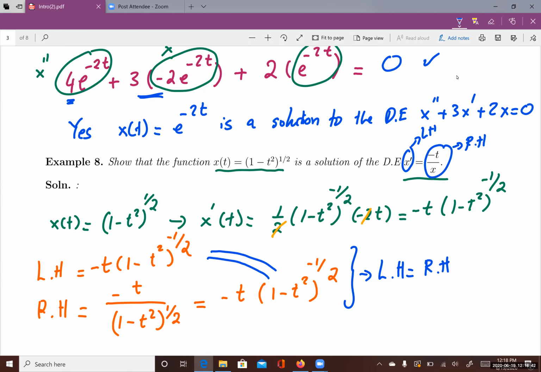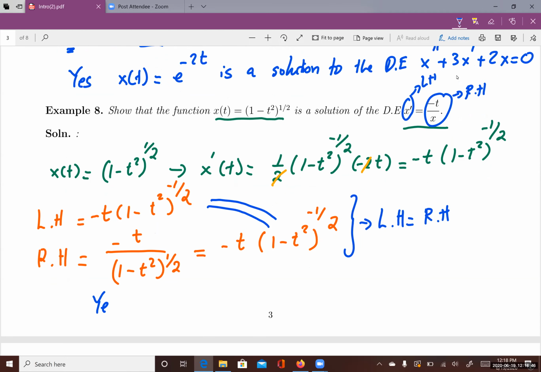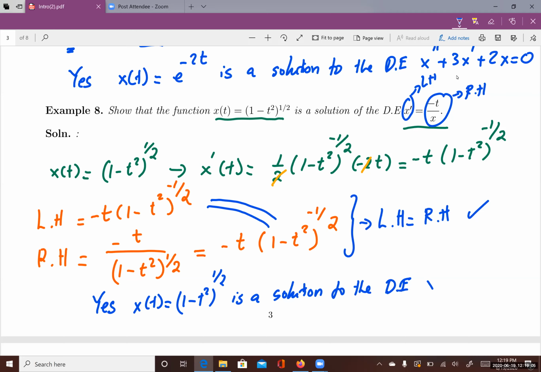So if the left-hand side equals this right-hand side, then yes, x of t equals the square root of 1 minus t squared, is a solution to the differential equation x prime equals negative t over x, which is what we want to show.